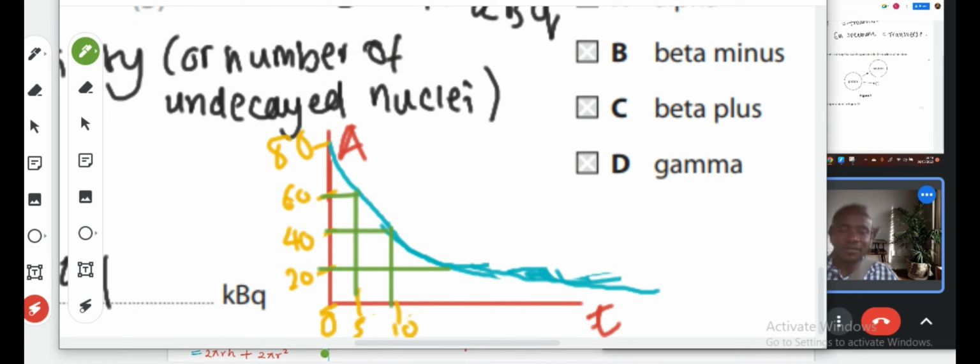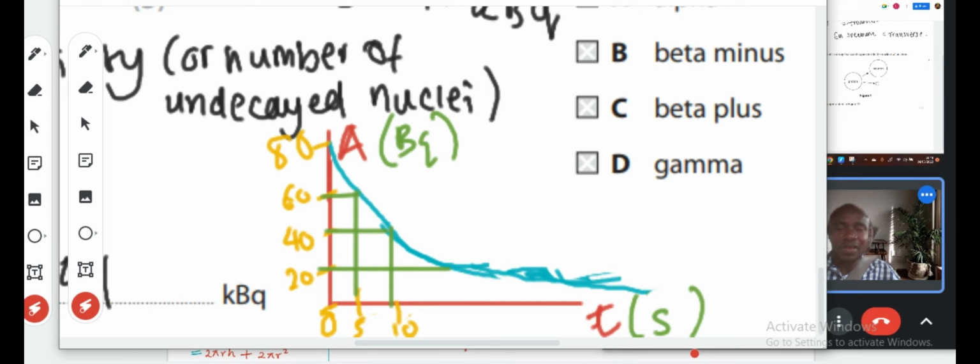Assuming this time is in hours. Are you sure it's 5? Let's say the time is even in seconds. So that's a very short half-life. Activity in becquerel. So what's the half-life?